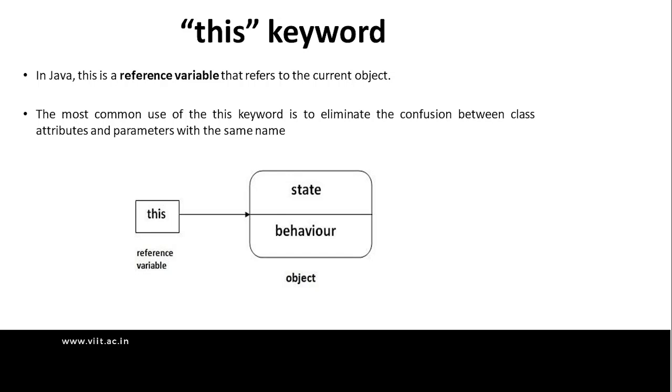The most common use of the this keyword is to eliminate confusion between a class attribute and a parameter with the same name.